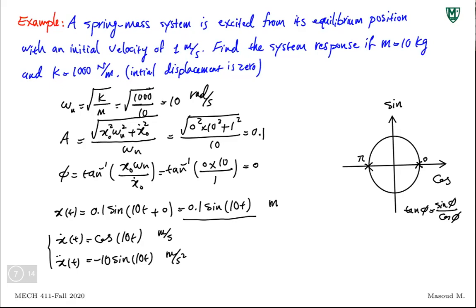The distance between two peaks is the time period. So if I give you the plot of a vibrating system, looking at where the initial position is and the distance between two peaks, you should be able to estimate a lot of system parameters.